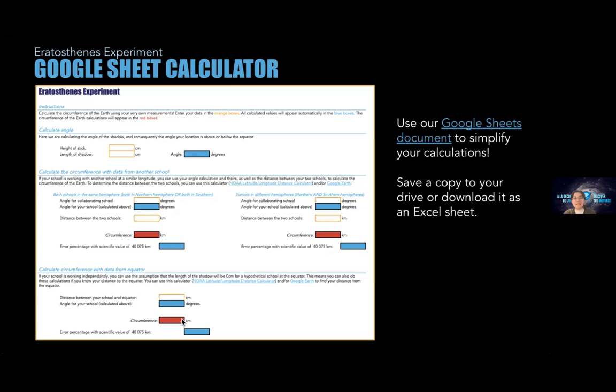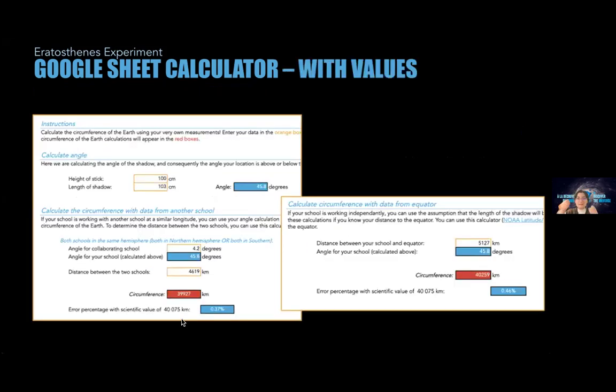So I explained the spreadsheet, but seeing it work is the best way. Here is how it looks with values. These are values from the director of Discover the Universe, Julie Bolduc-Duval. These are her measurements, and she collaborated with a school in Colombia. She measured her height of a meter stick as 100 centimeters. She measured the length of its shadow, which was 103 centimeters, and she got an angle of 45.8 degrees.